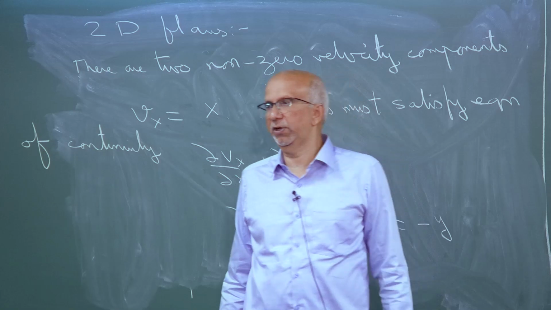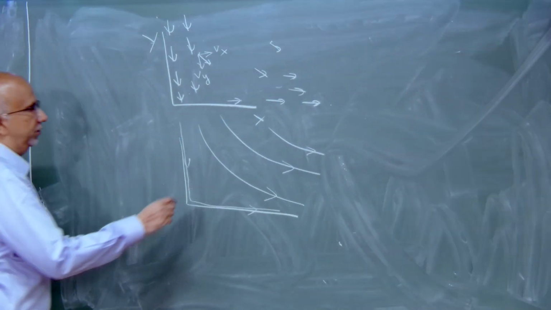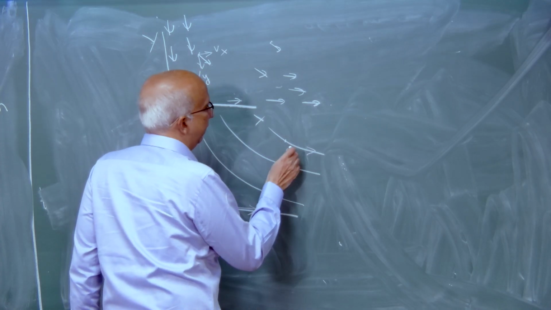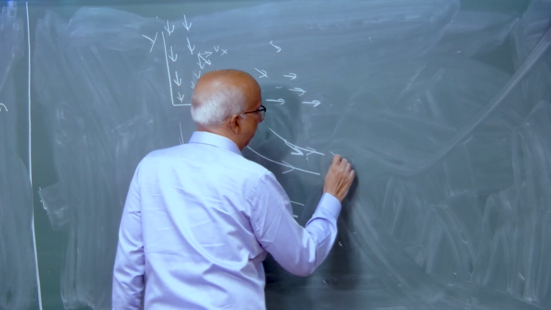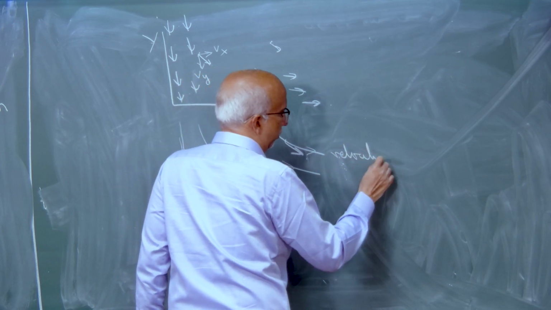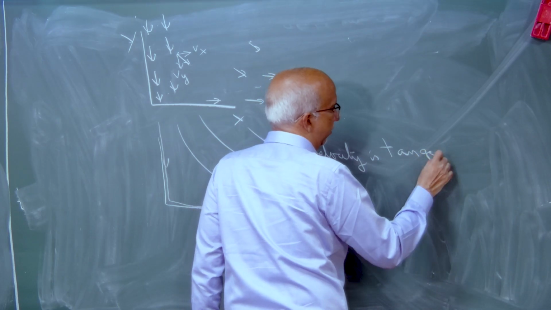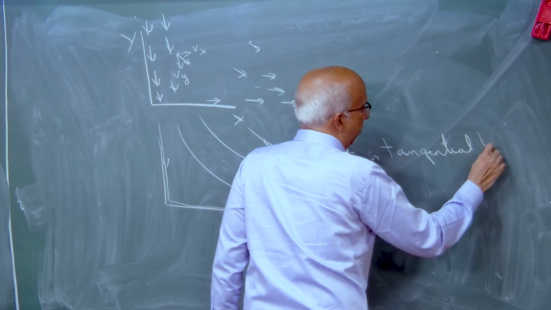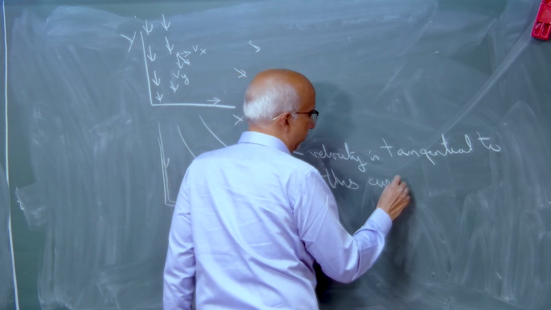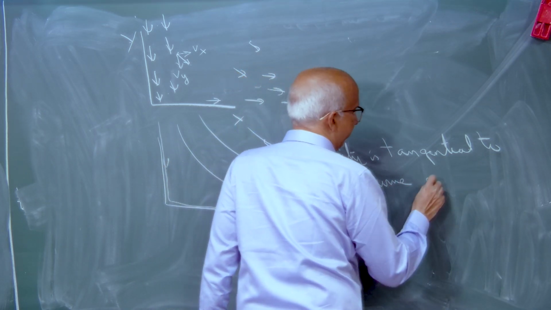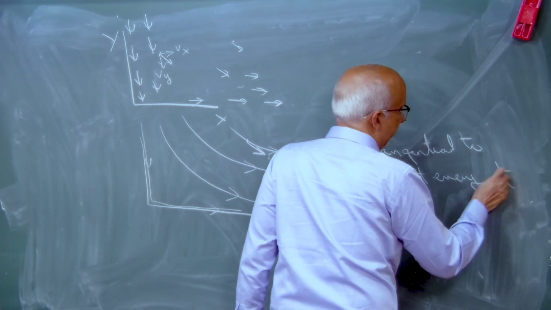What have I drawn? I have drawn curves, and at each point on this curve the velocity is tangential to this curve at every point.